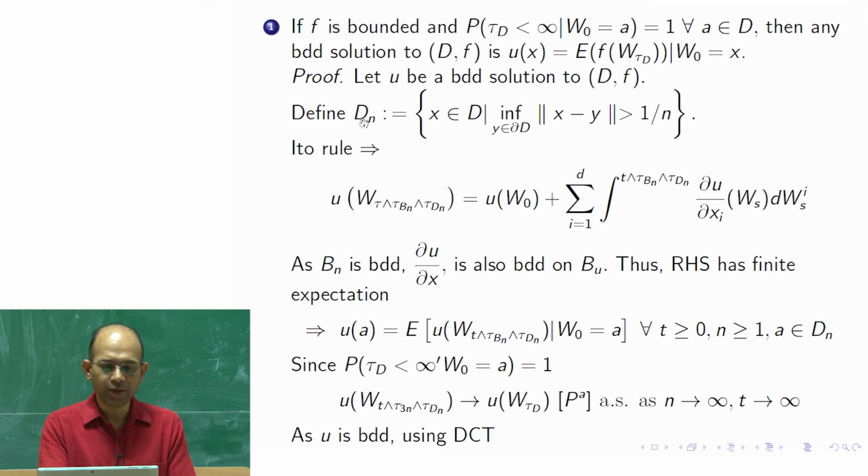Let me clarify that D_n here is an open set because we have strict inequality here. It could be an empty set, but if it's non-empty, it will also be an open set.